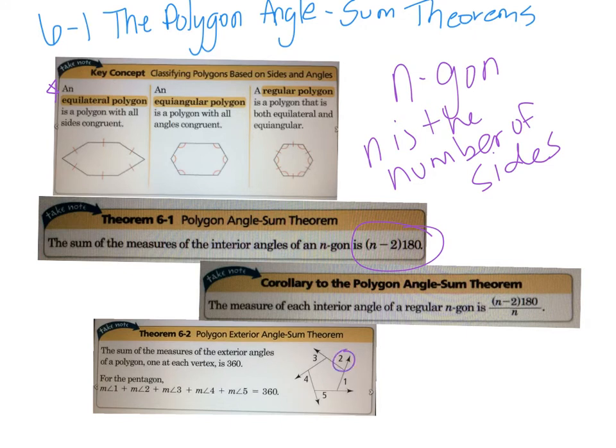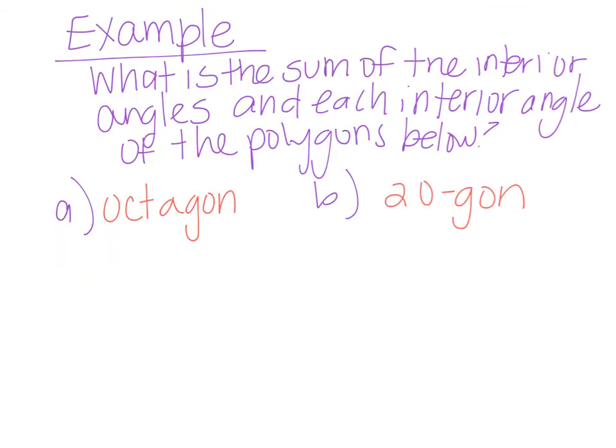So you can see angles 1, 2, 3, 4, and 5, they're on the outside, and they're created by extending one of the sides past the vertex. That's how you create the exterior angle. If you were to add all of those angles, you would end up getting 360 degrees. So any polygon's exterior angles will always sum to 360.